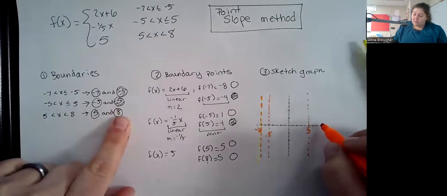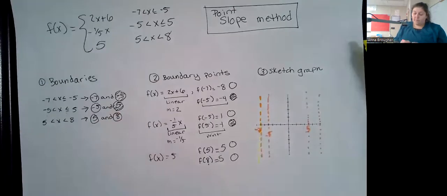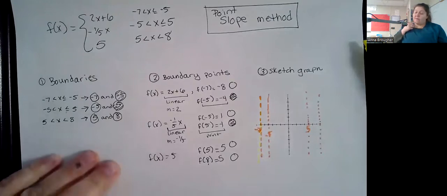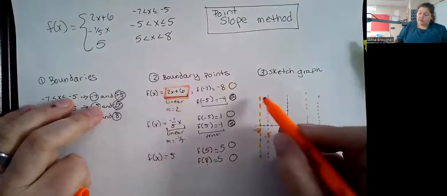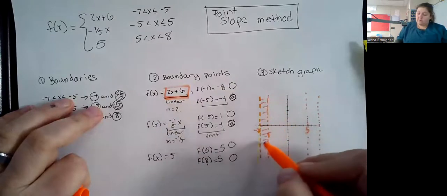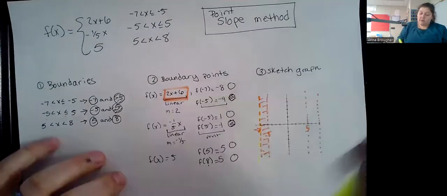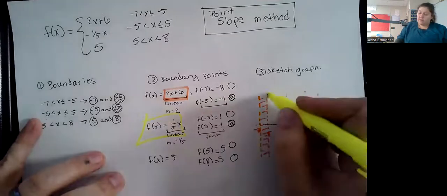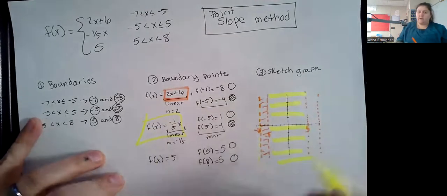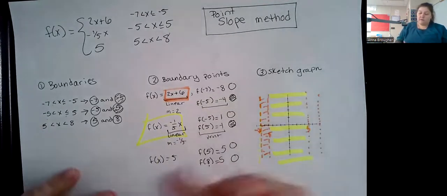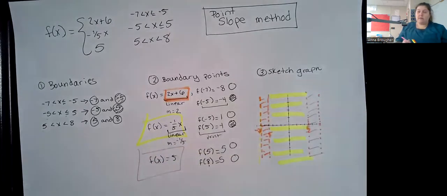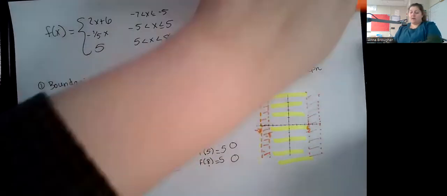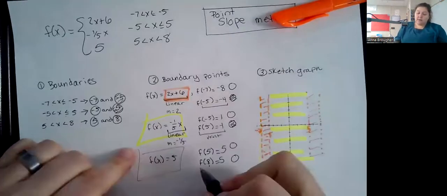Boundary line 4. Okay. First boundary right here. Second boundary is this section. Third boundary, that section. Now I can graph my points because they're linear.